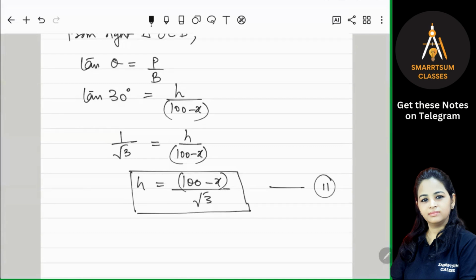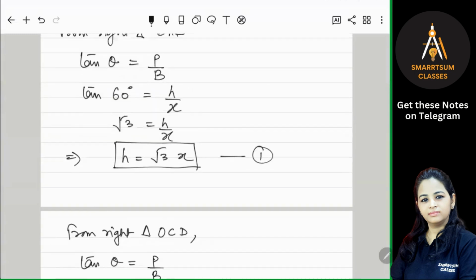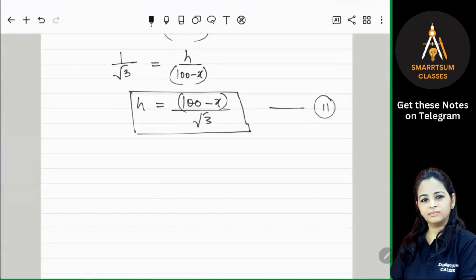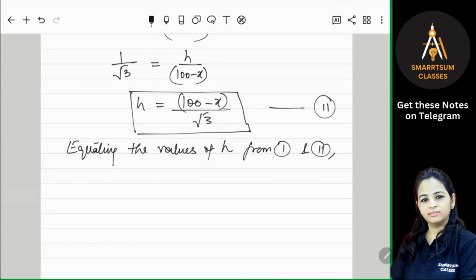As both equations are of H, from equation 1 we get H is equal to root 3x, and from equation 2 we get H is equal to 100 minus x upon root 3. So we can equate both of them. Equating the values of H from equations 1 and 2, root 3x is equal to 100 minus x upon root 3.